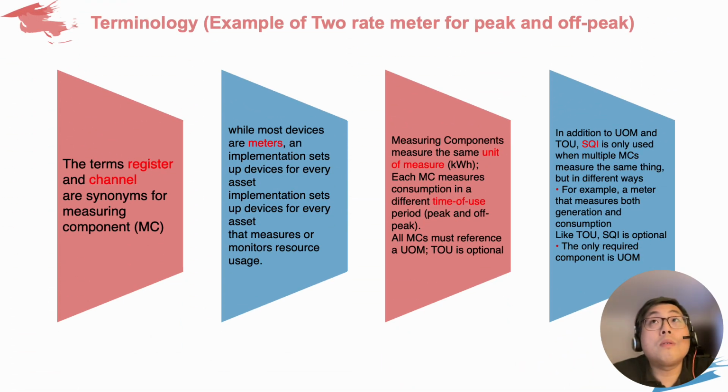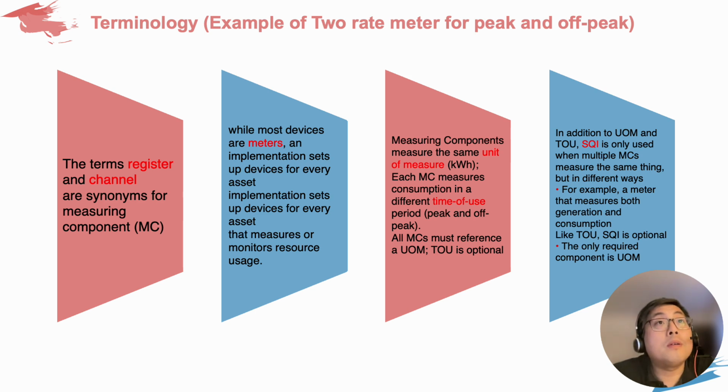Okay, so first of all, let's talk through some terminologies. So I take an example, say a two-rate meter. One register measuring peak, and one register measuring off peak.